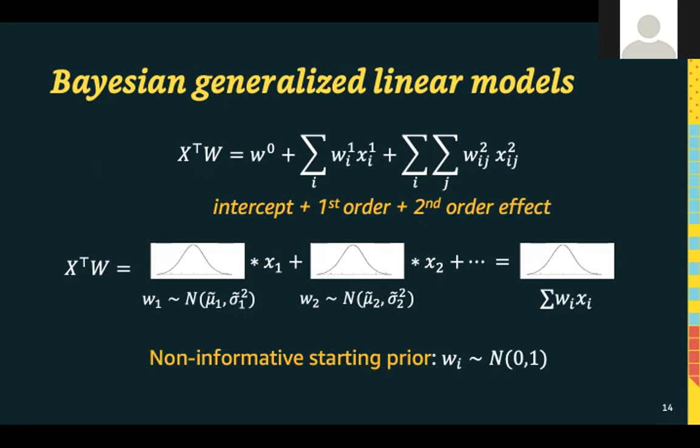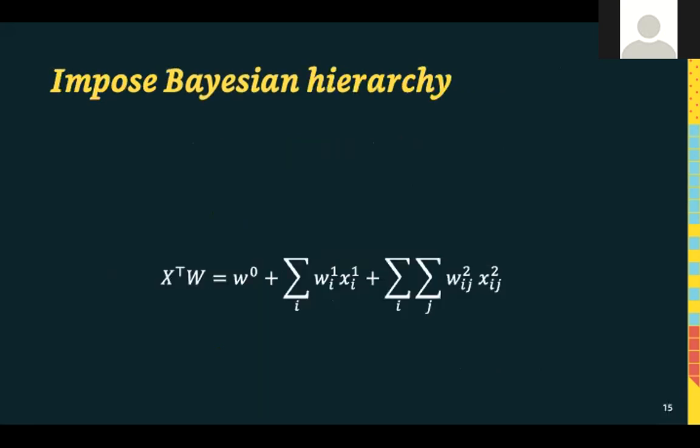Where do I start? I start from a non-informative prior. Basically, I take a standard Gaussian N(0, 1). This is pretty ubiquitous in the literature, and you can see how this soon will become a bandit. Now our question is, can we leverage the data to start from an informative prior instead?